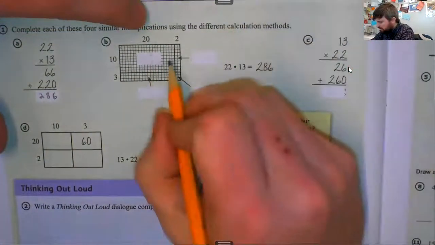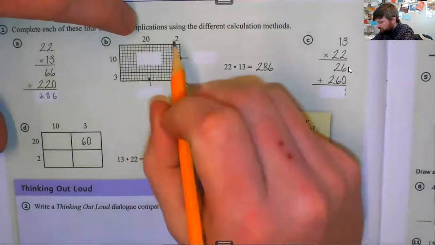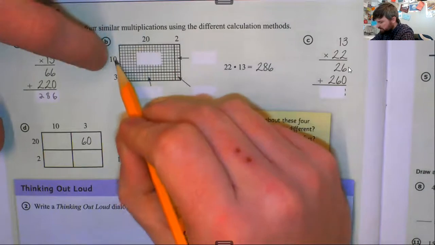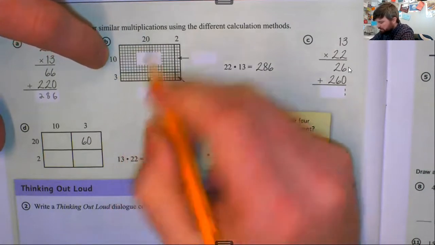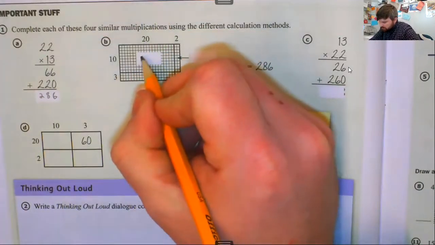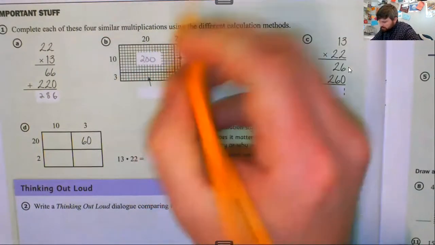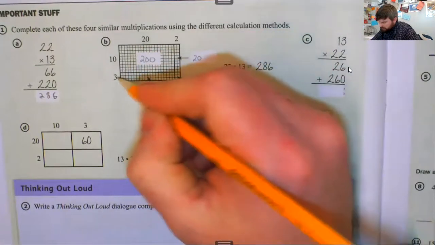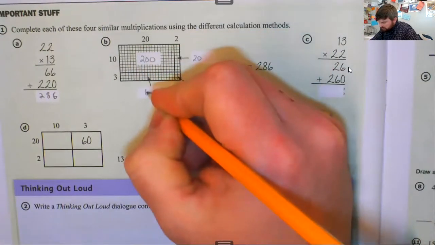And this here's our area model. They broke it up into 20 and 2 to make your 22, and 10 and 3 to make your 13. So like before, we take 10 times 20 and get 200, 10 times 2 and get 20, 3 times 20 and get 60.